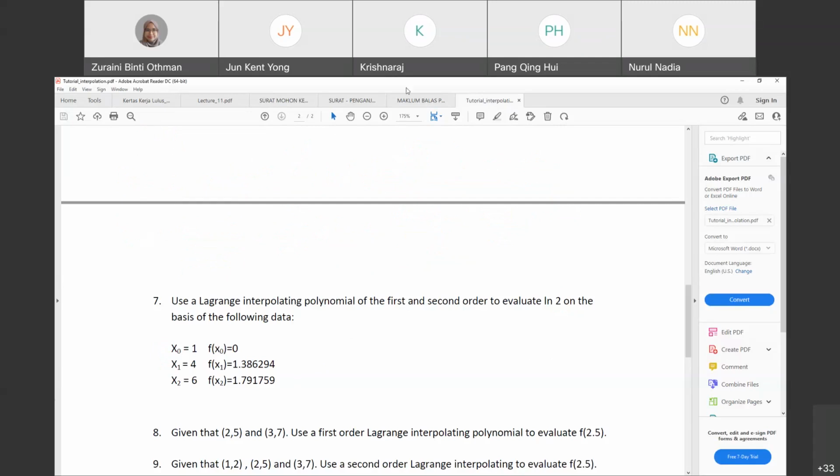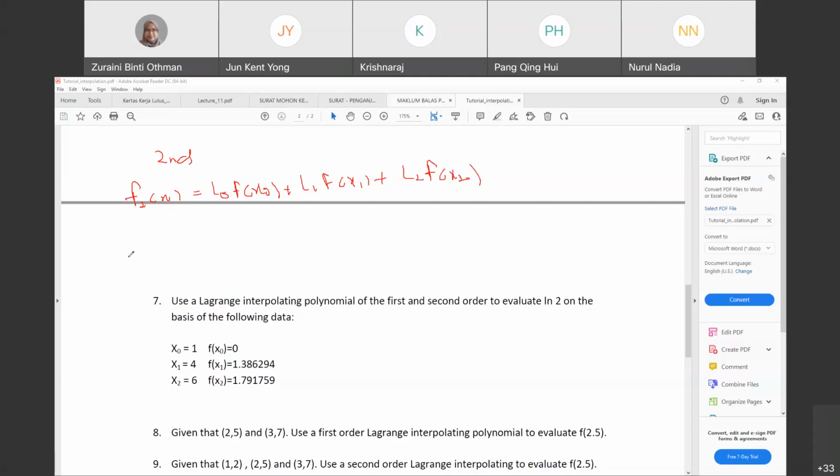Okay, so sekarang kalau dia ialah second order Lagrange, f2x it is equal to, okay, sama juga dengan ini, L kosong F X kosong plus L1 F X1, okay, plus L2 F X2 bila dia second order.